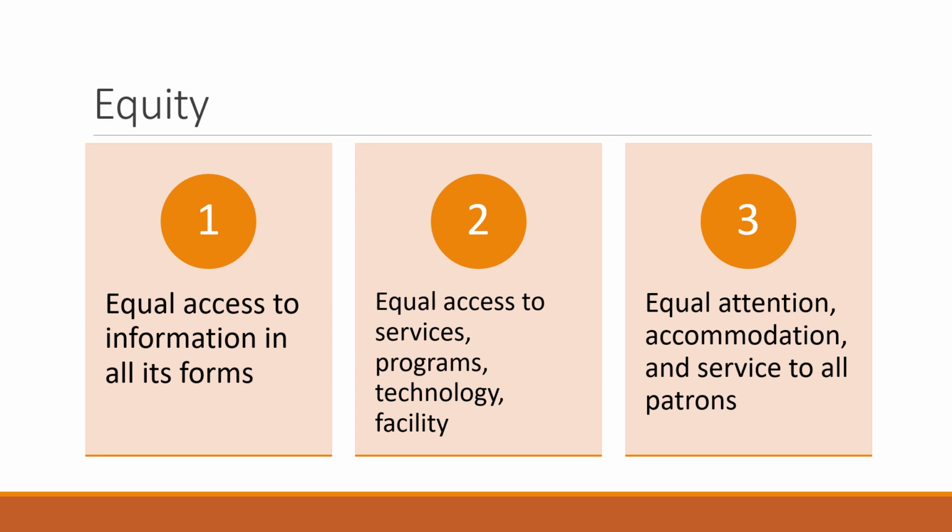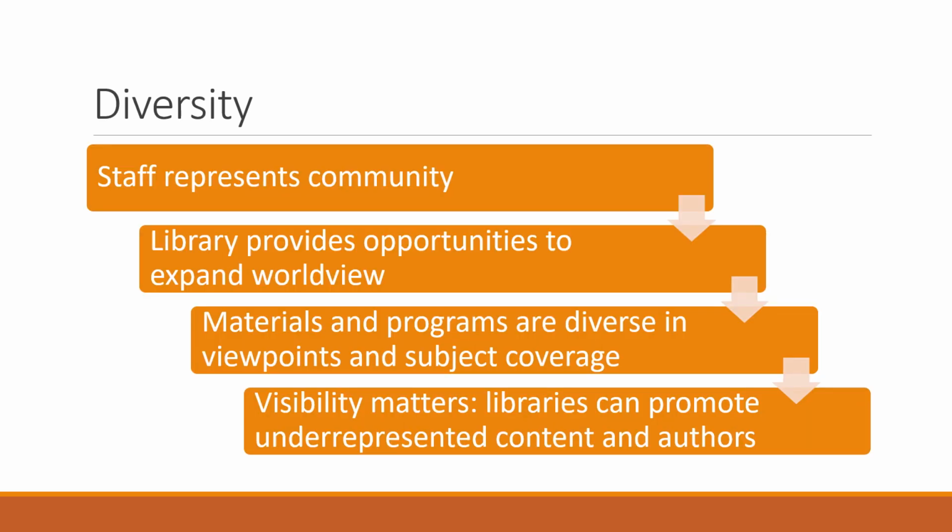We can still greet them, we can acknowledge their presence for safety reasons without taking away their access to information and services they may legitimately need. Behavior policies create equity. Everyone has to behave in a way that doesn't impede anyone else's use of the library. So those are some ideas surrounding the idea of equity.